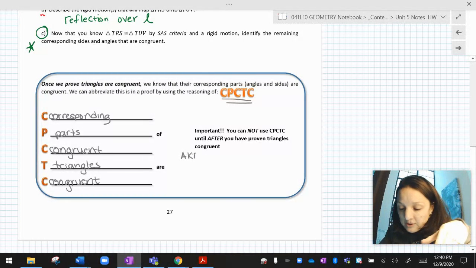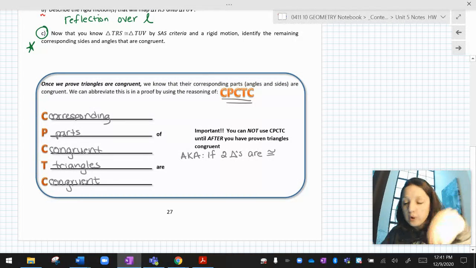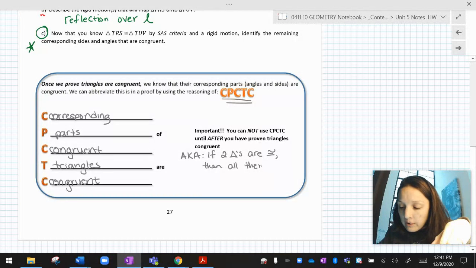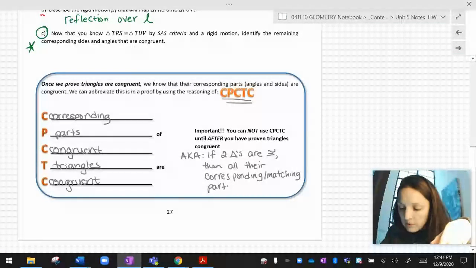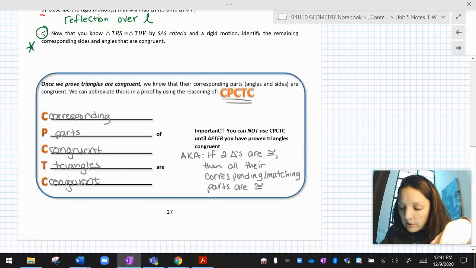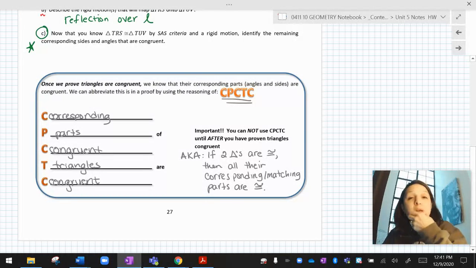What this really means, and I want you to write this in the AKA, is once you know that two triangles are congruent, then all their corresponding parts are congruent. Corresponding means matching. CPCTC is just a fancy acronym way of saying once you have two congruent triangles, everything about those triangles is congruent.